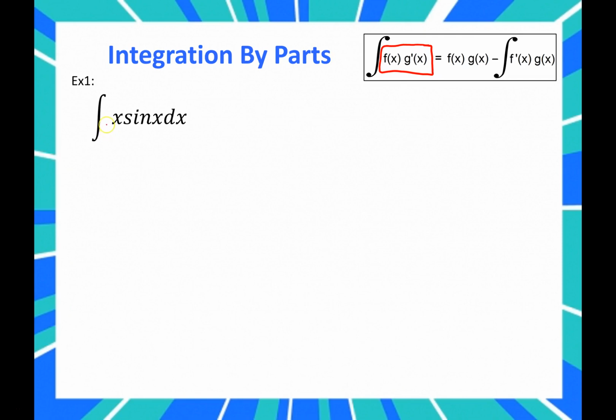And there's a really simple hint here that helps you identify which one is going to be considered f of x and which one's going to be considered g prime of x. And I'll tell you that in a second. But notice how I'm setting up this chart right here. I'm basically writing f of x and then writing the derivative of it below, and then I'm writing g of x and then g prime of x below.